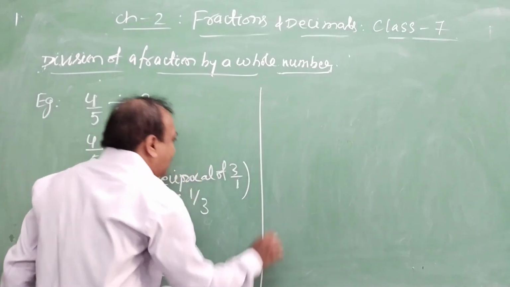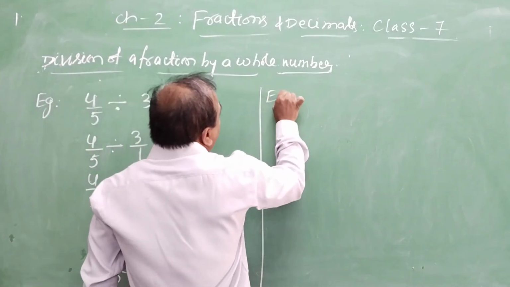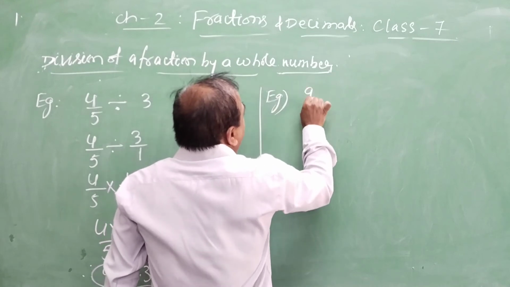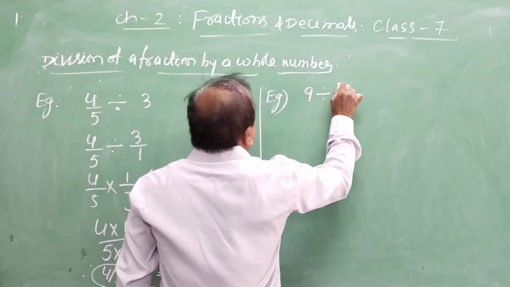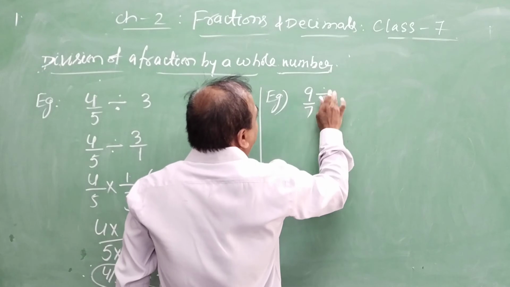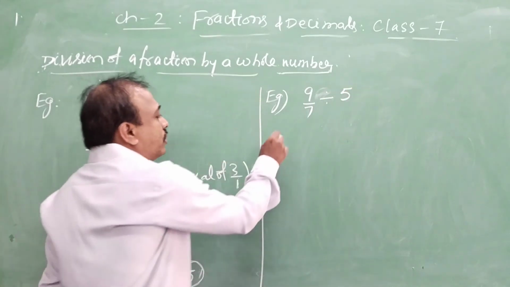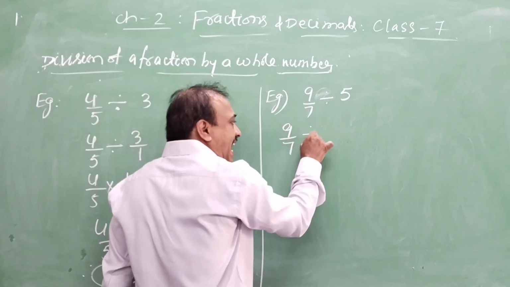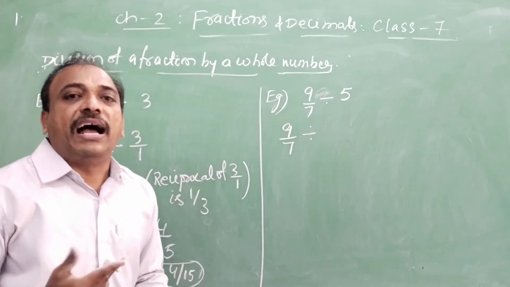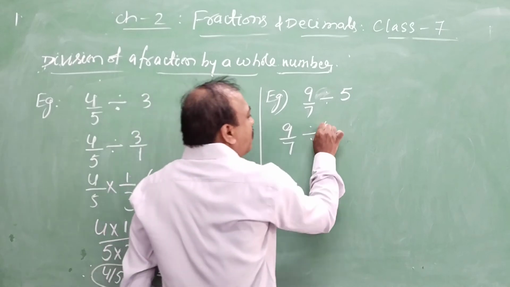Let us see one more example with this. That is 9 by 7 divided by 5. So first we will write 5 as 5 by 1.